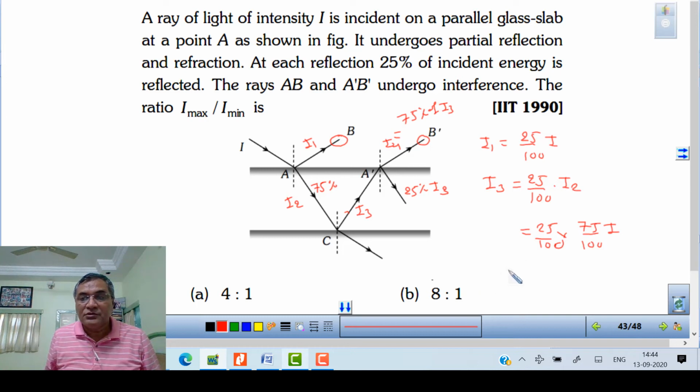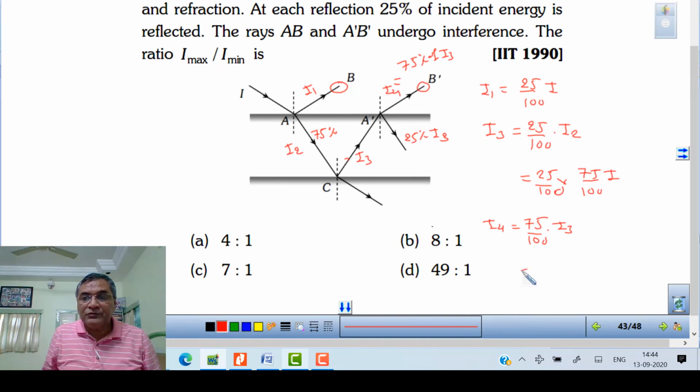So I find out I4. I4 is equal to 75% of I3. So I put I3: 75 upon 100, I3 is 25 upon 100 times 75 upon 100 I. So now I4 and I1 both are in terms of I.